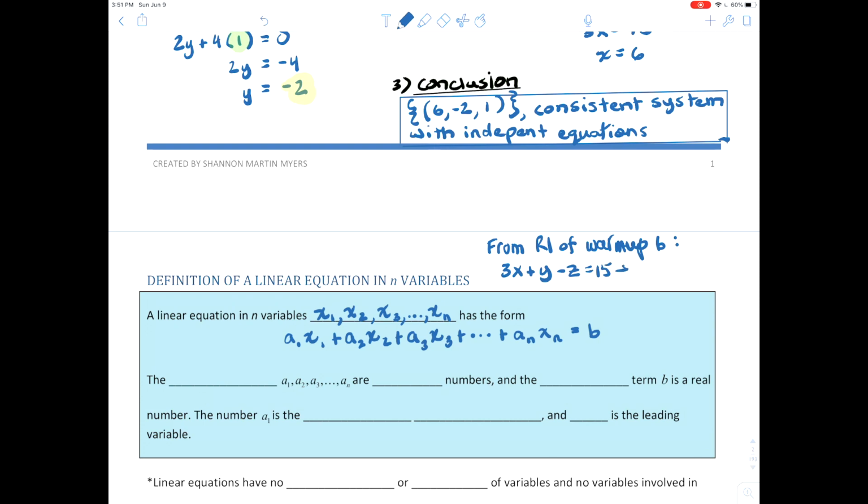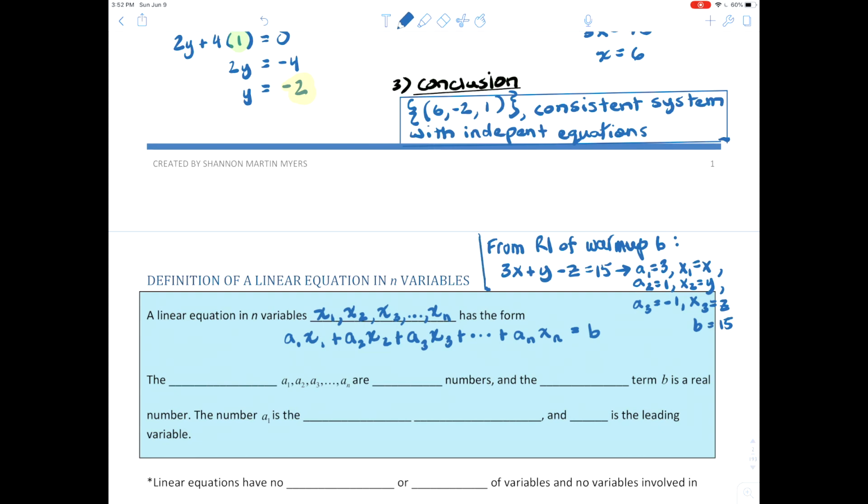So from that one, a1 is 3, x1 is x, a2 is +1, x2 is y, a3 was what, -1, right? And then x3 was z, and then our b was 15.